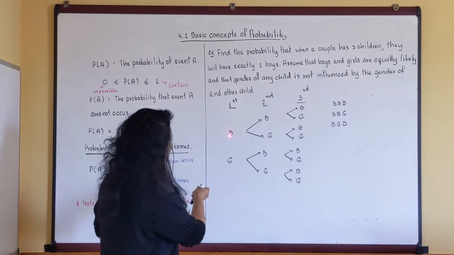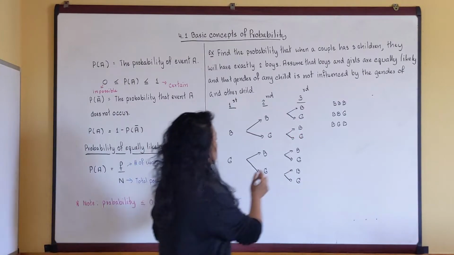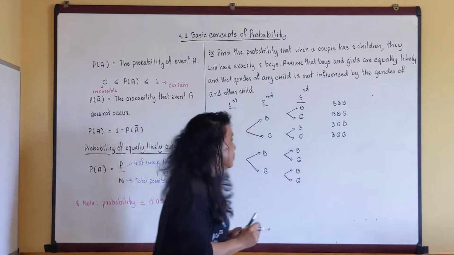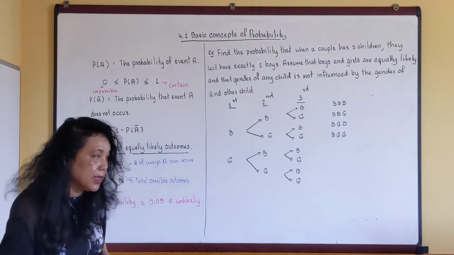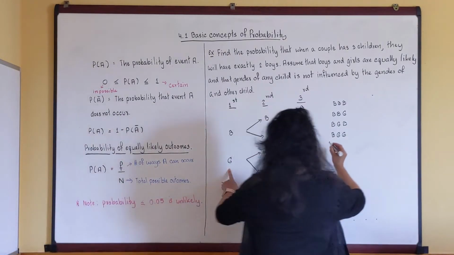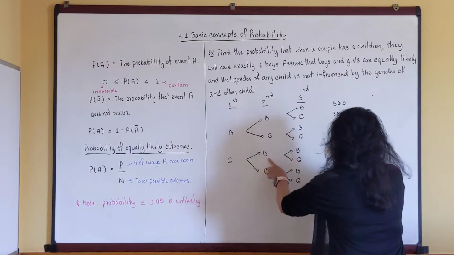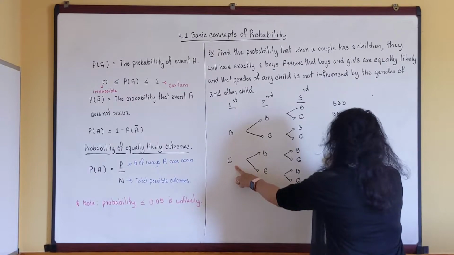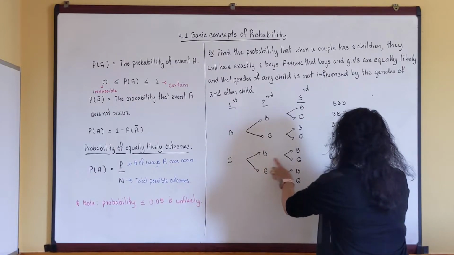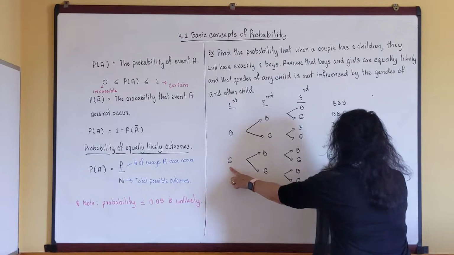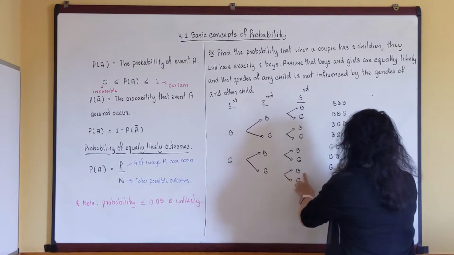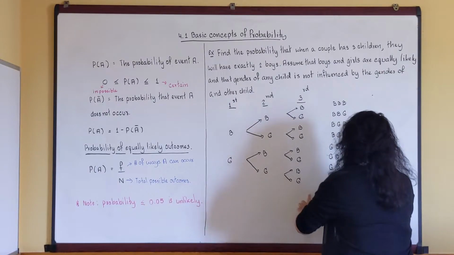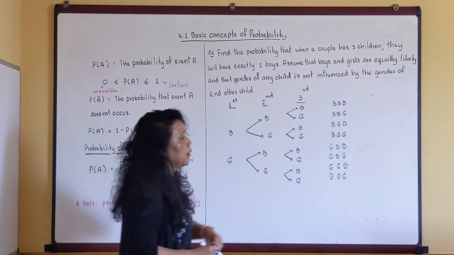And then boy, girl, girl. I guess you have an idea, so I'm just going to list everything here to save time. The next one, girl, boy, boy. Girl, boy, girl. Girl, girl, boy. Girl, girl, girl. So that's 8 possible outcomes.